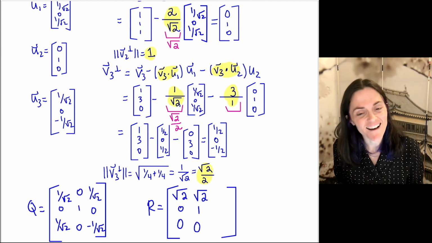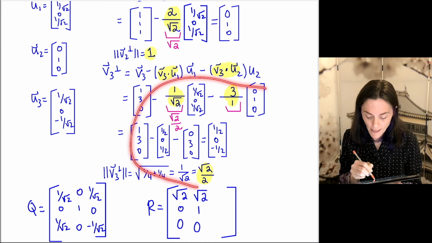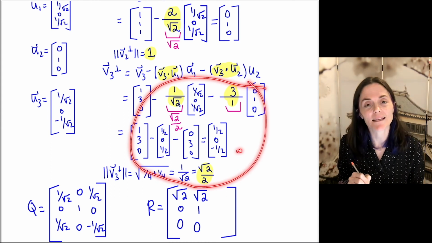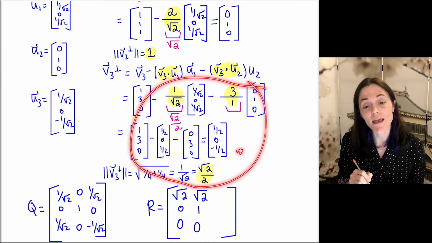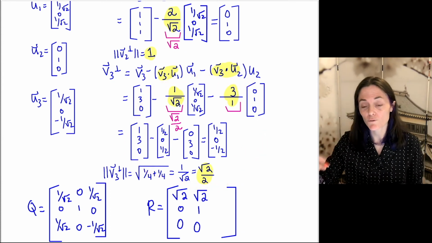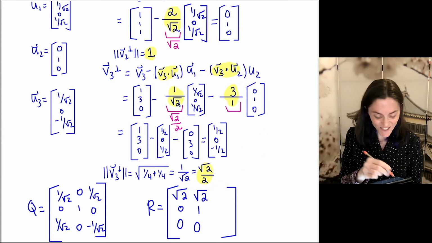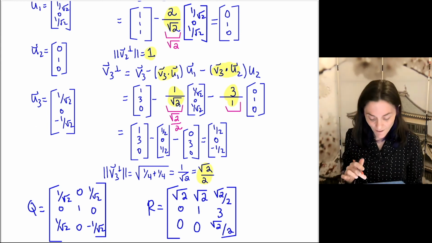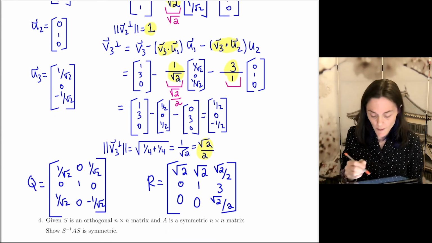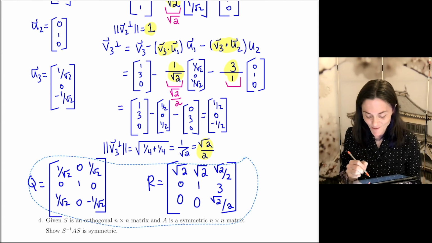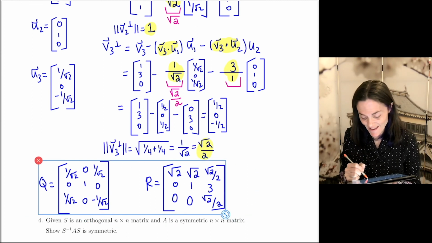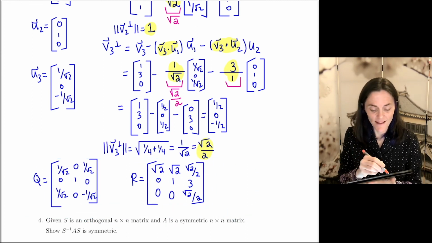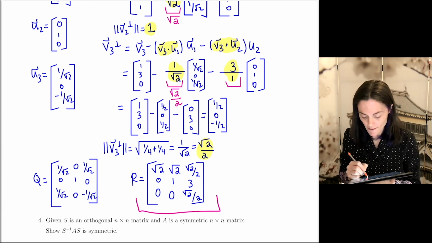The third column I get from the numbers when I created the vector U3. So I have square root 2 over 2, 3, square root 2 over 2. This is my matrix R. And this ends this problem. We have found matrix Q and we have found matrix R. This was a great question.